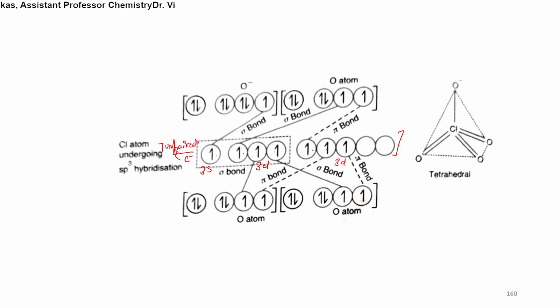And the chlorine 3s and 3p orbitals form 4 sigma bonds by overlapping with 4 oxygen atoms. This sigma, this sigma, sigma.